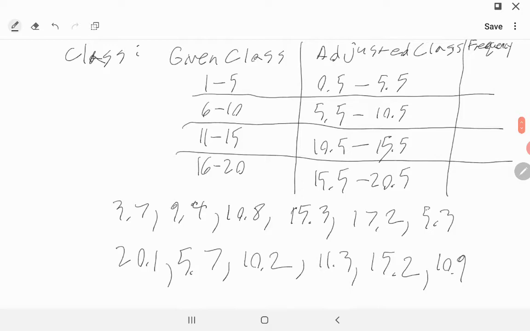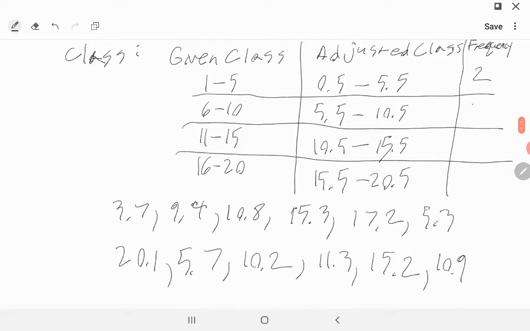We notice that the number of values that go from 0.5 to 5.5 are going to be 1, 2, 2 values. Then from 5.5 to 10.5, we actually get 1, 2, 1, 2, 3.